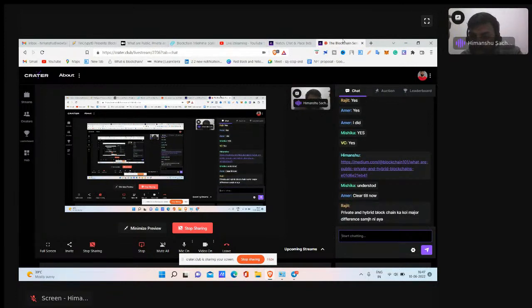Private and hybrid blockchain, I didn't understand the major difference. So private blockchains are used only for private companies. In a private blockchain you cannot showcase all the data to the public. But in a hybrid blockchain, you can showcase certain data to the public, and keep certain data for private people. Which means a hybrid blockchain will have two types of data access, one for public, second for private.